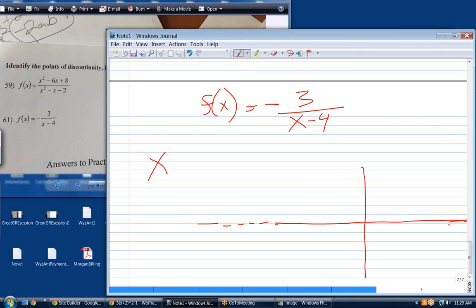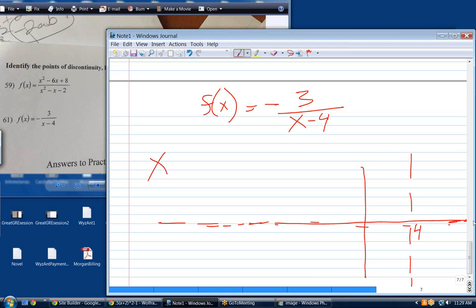What's the vertical asymptote? 4. There's only one trouble spot, because there aren't two things in the denominator anymore. On all these other problems, we had two factors in the denominator. Now we only have one, so there are no holes. There's only a vertical asymptote. Horizontal asymptote is y equals 0.